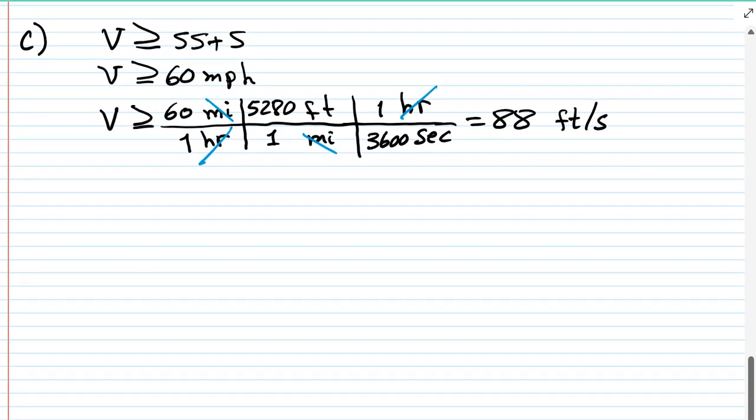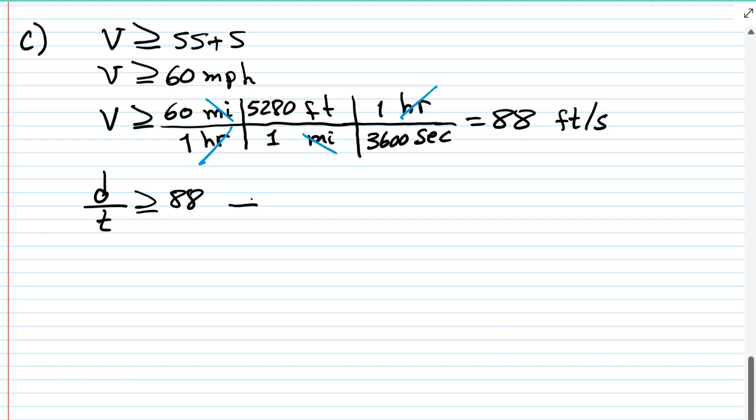Okay, 88 feet per second. Now, velocity is change in distance per unit of time. For those exceeding 88 feet per second, the citation is issued. And then we need to convert in terms of angle theta.